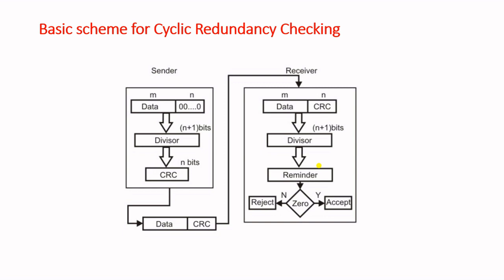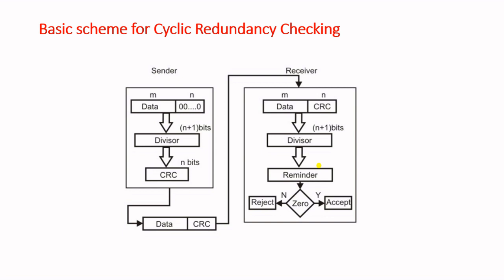At the sender site, there is a divisor. The divisor is given, that is n plus 1 bits. After that, the n-bit CRC is calculated. After generating this, the CRC is appended after the data, and this is transferred through the transmission medium.